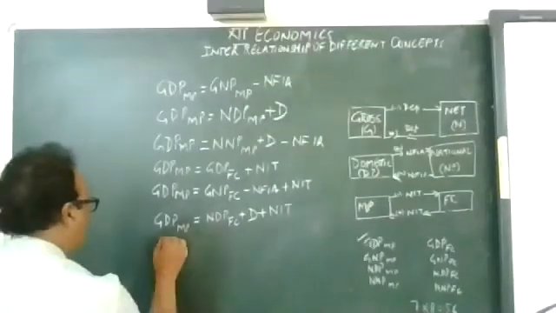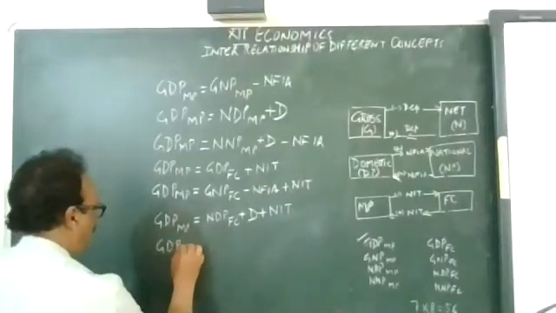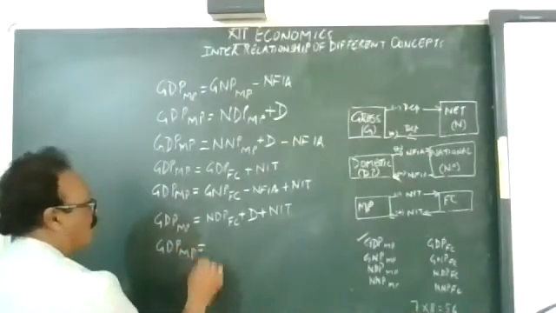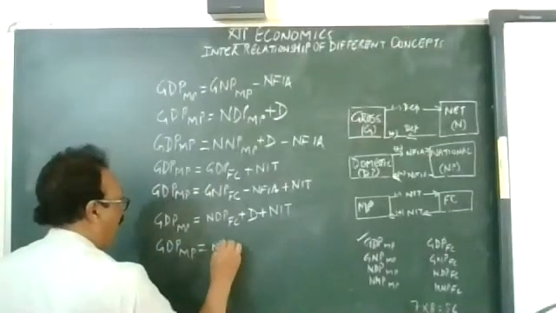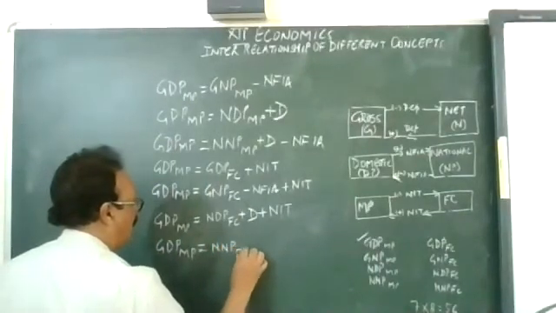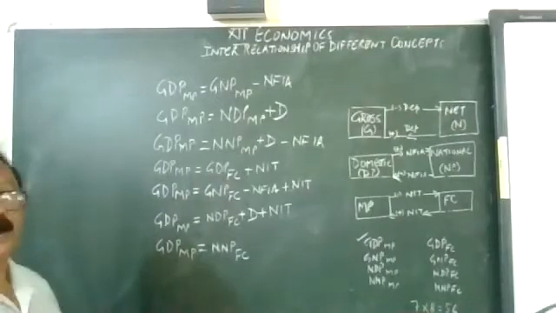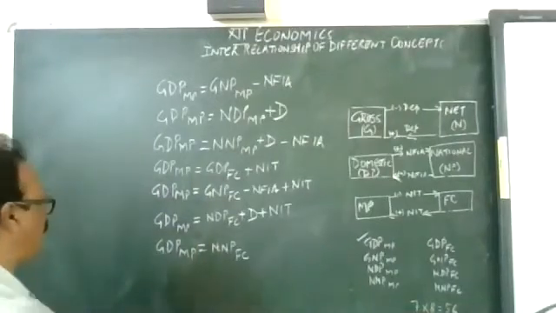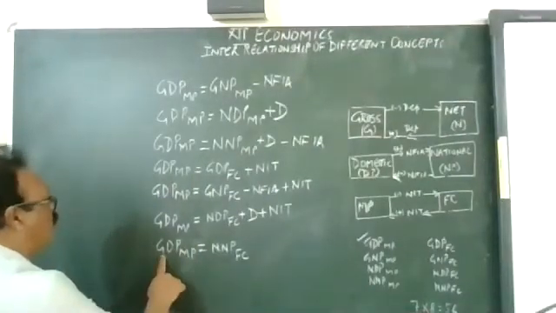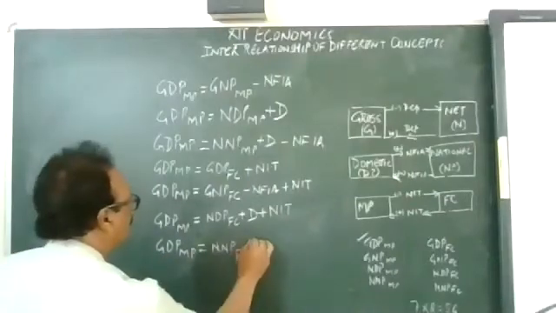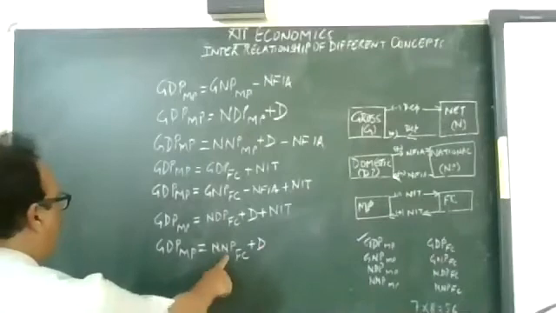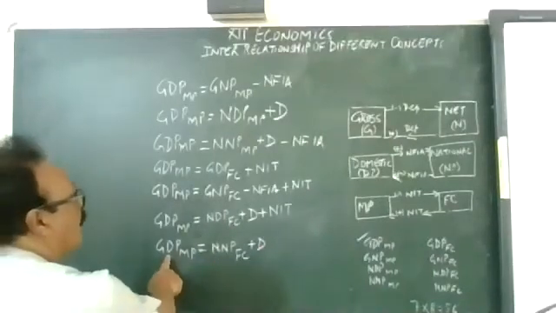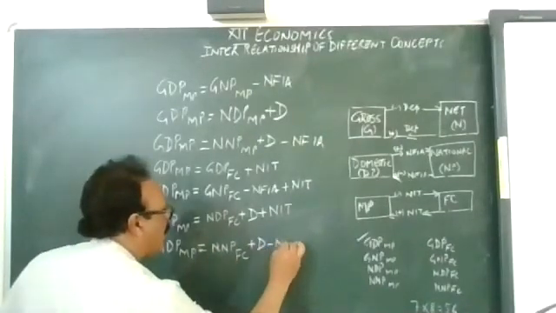Next, GDP at market price from NNP at factor cost. What will be the formula? Let's check. Net to gross, plus depreciation. National to domestic, minus NFIA.